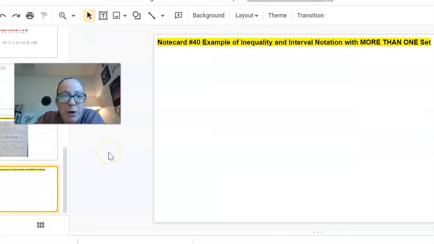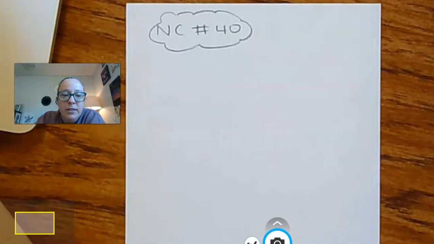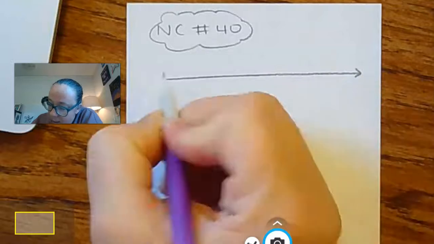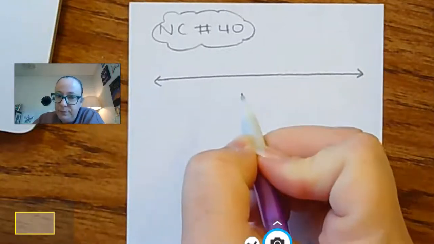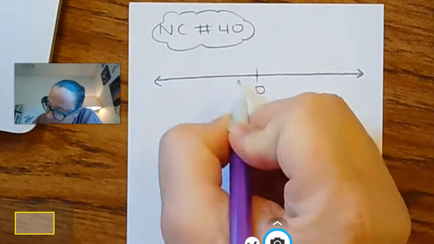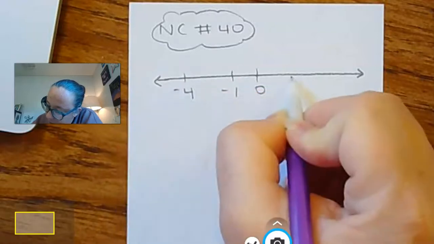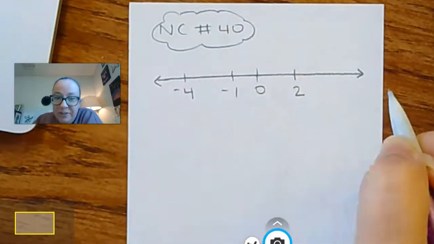All right, so I'm getting ready to go over note card 40. I'm going to work it on the document camera, then upload an image here on the Google Slides. Okay, so this is with more than one set. So let's say we had this happening. Got a little froggy there.